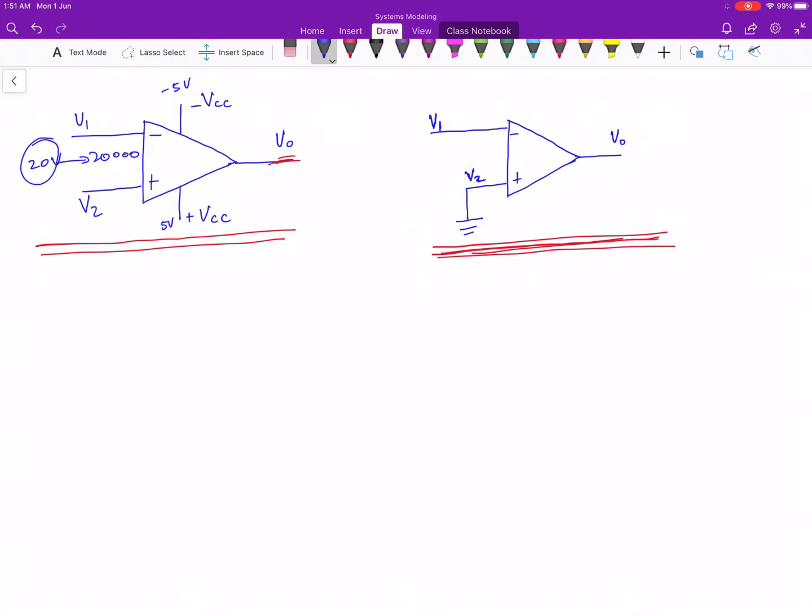I cannot produce 20,000 volts here. It's not going to happen. So if the maximum power supply here is 5 volts, then I'm going to be capped at 5 volts.